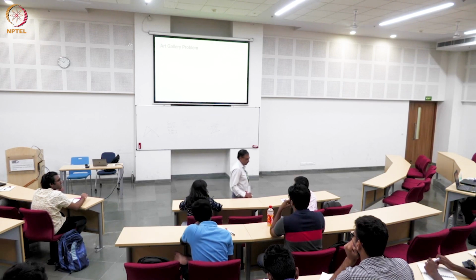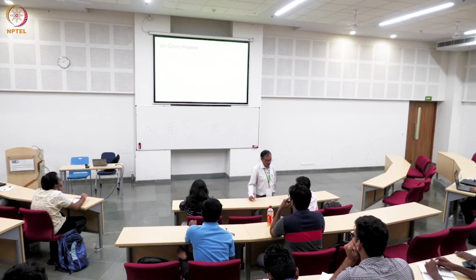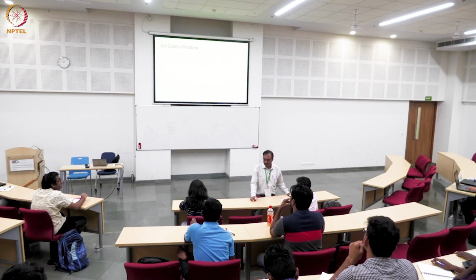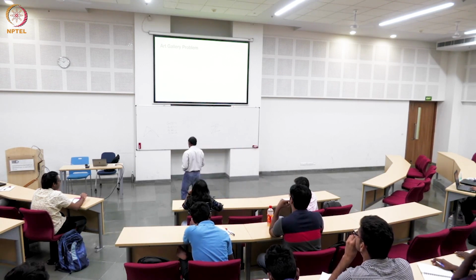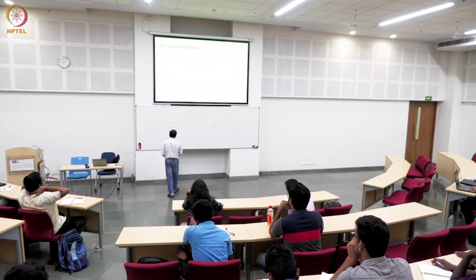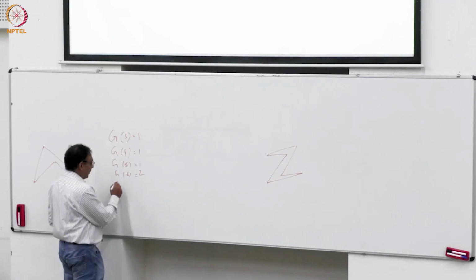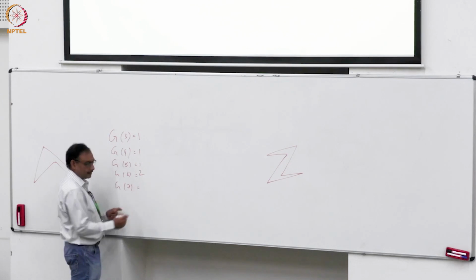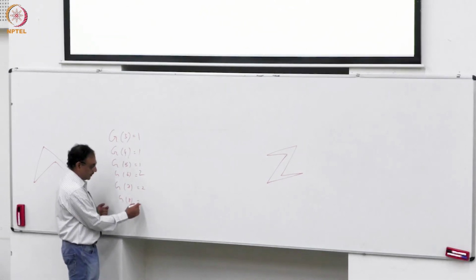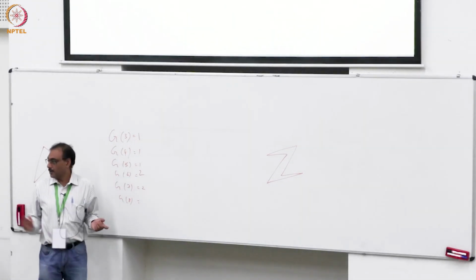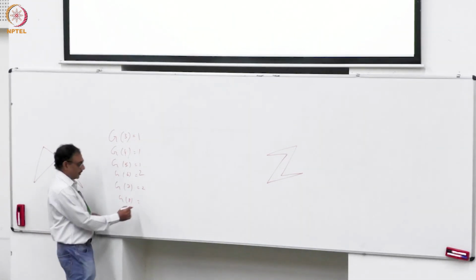I think that for every increment of 4 vertices, we need one more guard. Okay, your conjecture is kind of right. So then what will be G of 7? 2. What about G of 8? G of 8 is 2, that is what he wanted to say.